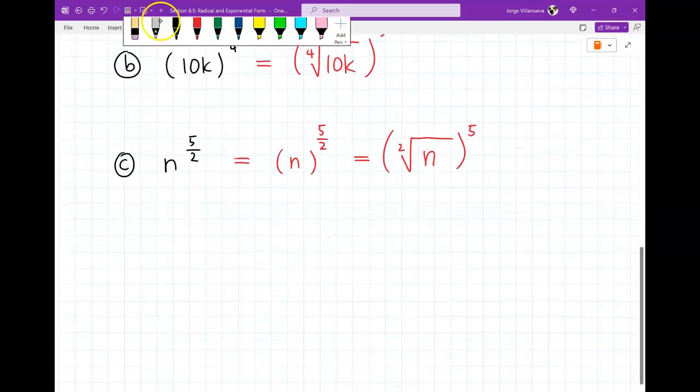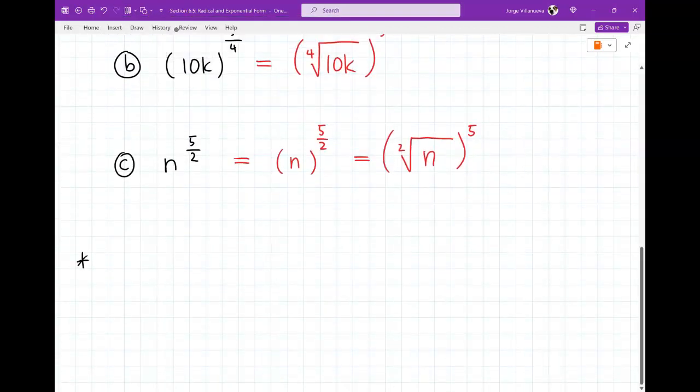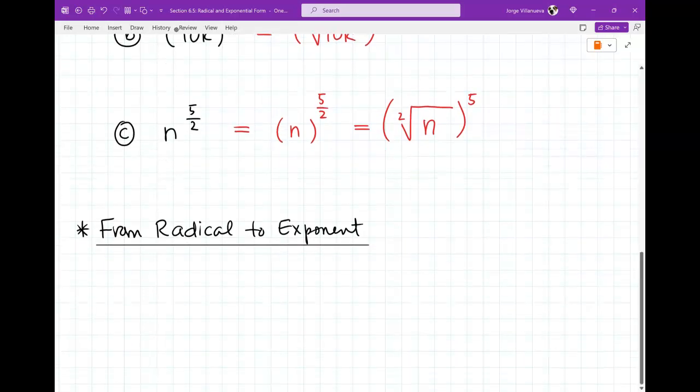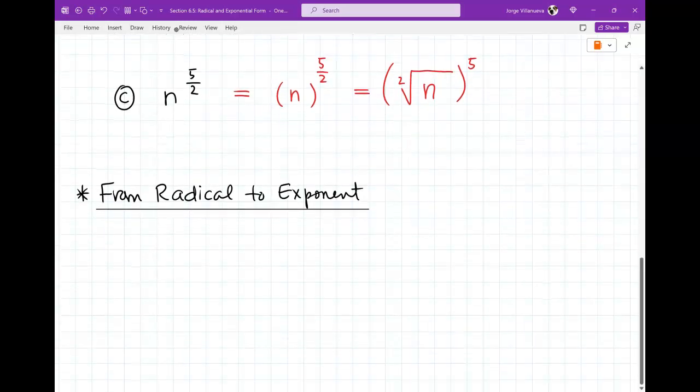So let me write down this part right here. So from radical to exponent. It's the same definition, just backwards. So we're not learning a new definition.